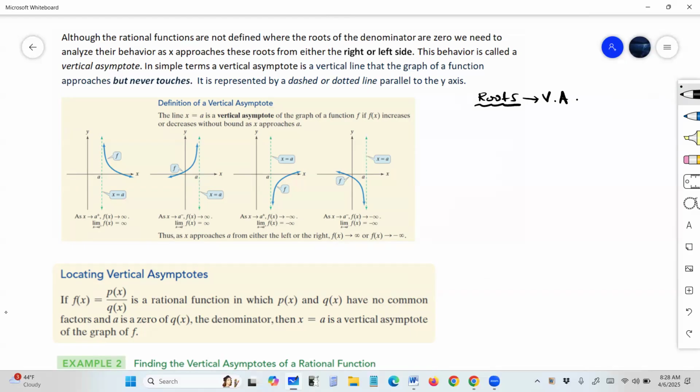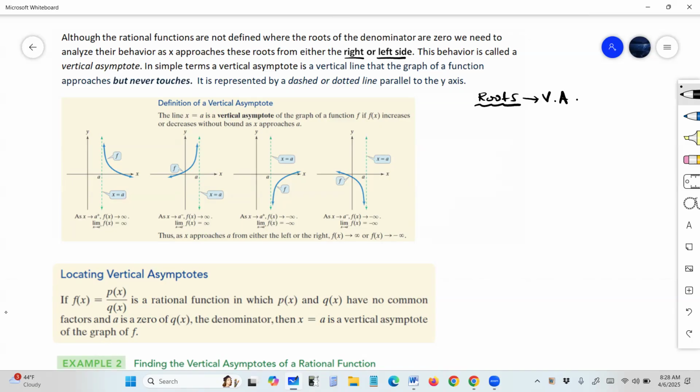Now, the relationship is that the function is not defined for the roots of the denominator, but the function is defined as the x value approaches that root either from the right side or from the left side.